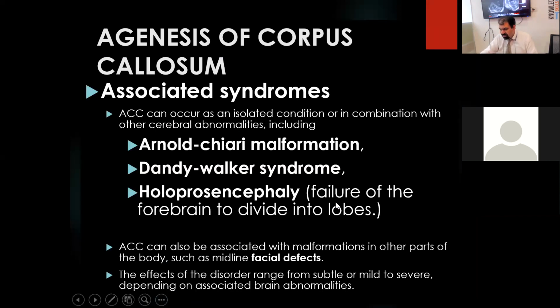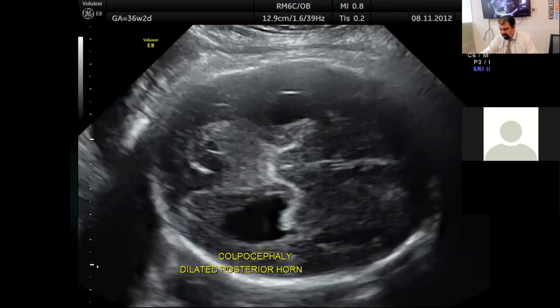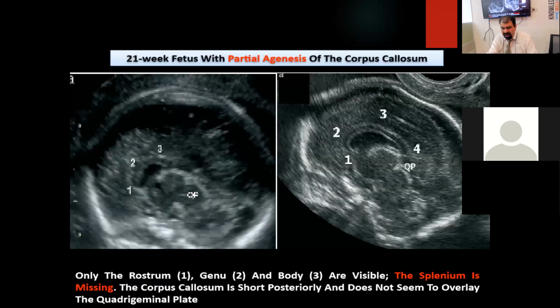Now, the point is that when we are putting color, we are seeing a pericallosal artery on this corpus callosum like this. The question was that if I put color and the pericallosal artery is seen, does it mean that the corpus callosum is there? Yes, you are partially right.